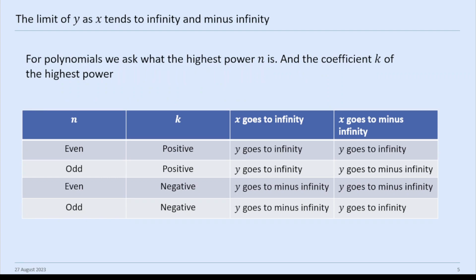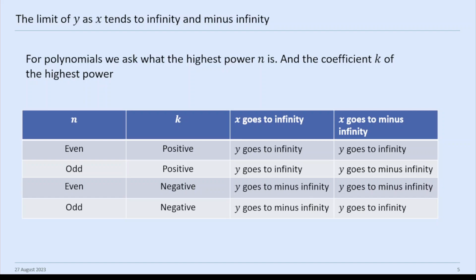The limit of y as x tends to infinity and minus infinity. For a polynomial, we ask what the highest power is. We call this n. Let's say the highest power is 2, so it's a quadratic, and let's say it's just x squared on the front. Then as x goes to infinity, y goes to positive infinity because the x squared term will dominate.